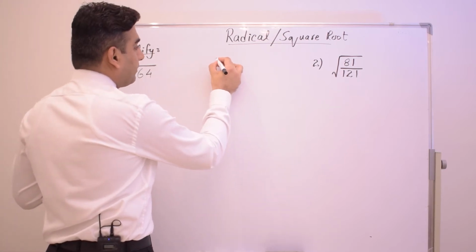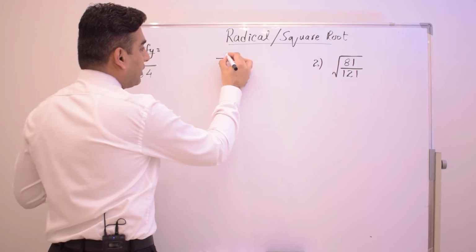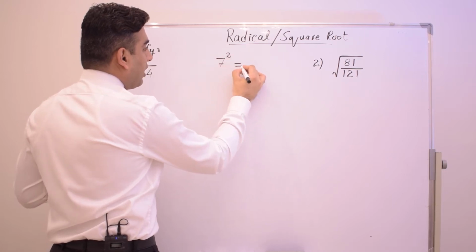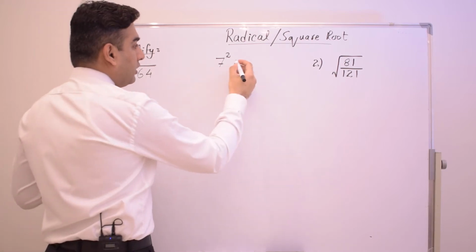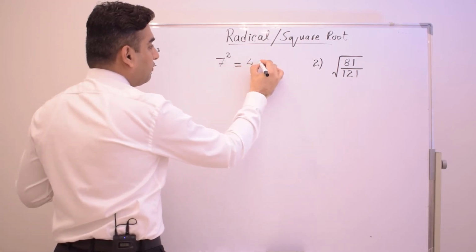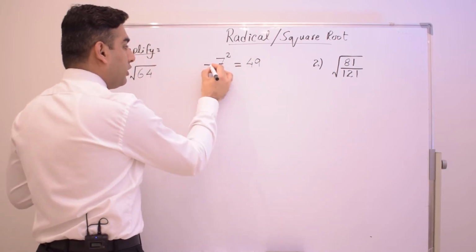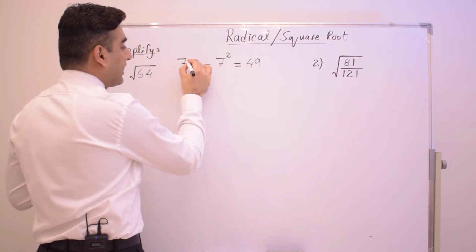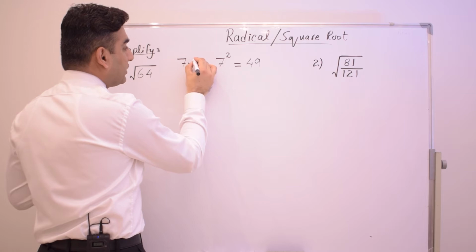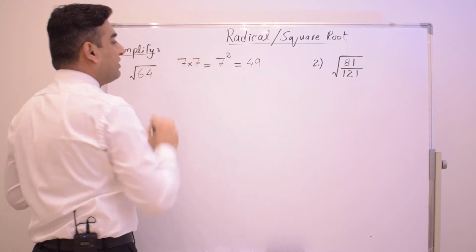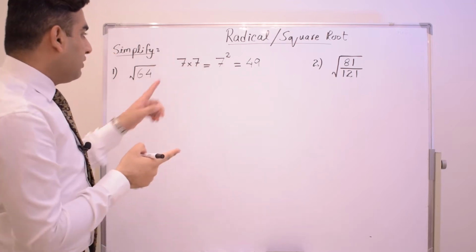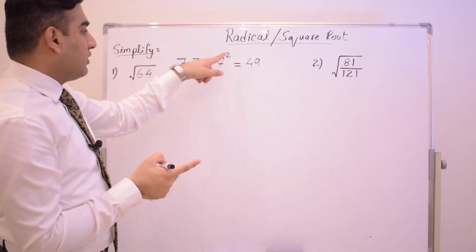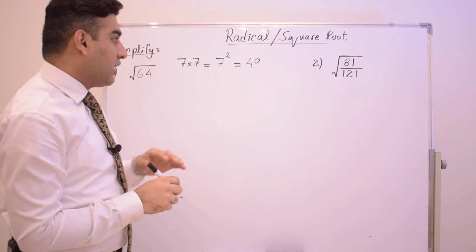Guys, you know that 7 to the power of 2, or 7 to the second power, is equal to 49, because 7 to the second power means 7 times 7, which I can write as 7 to the power of 2 equals 49.